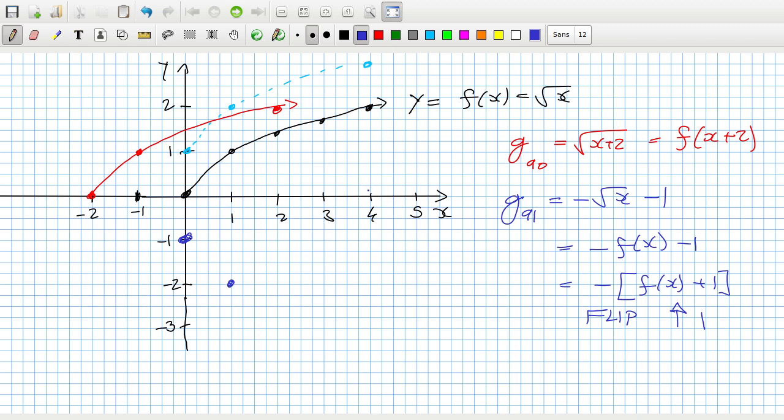Then that 4, 3 will be at 4, minus 3. So that would be y equal to g91(x). That one there is y equal to g90(x).